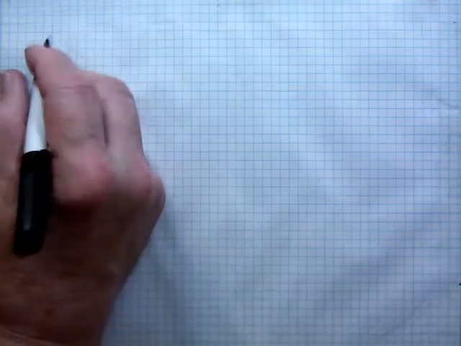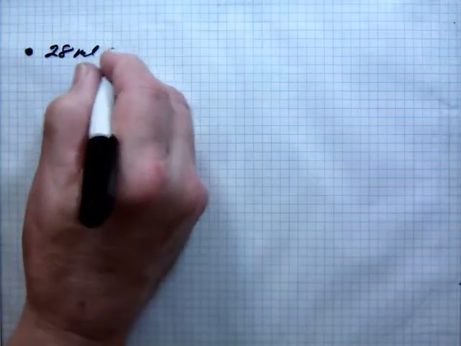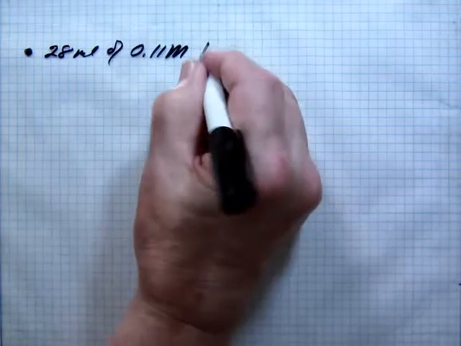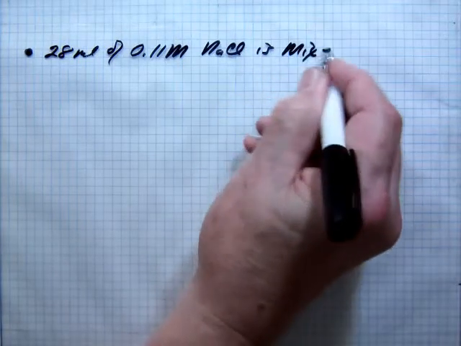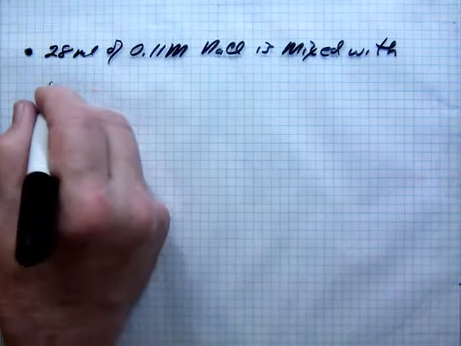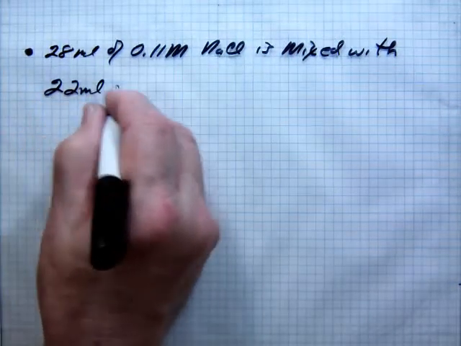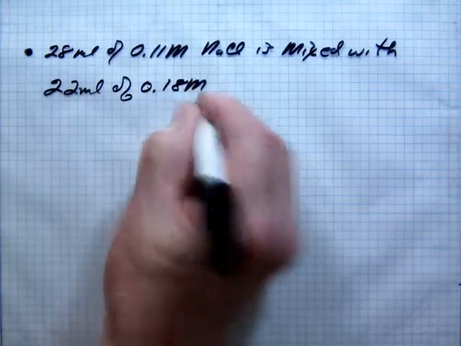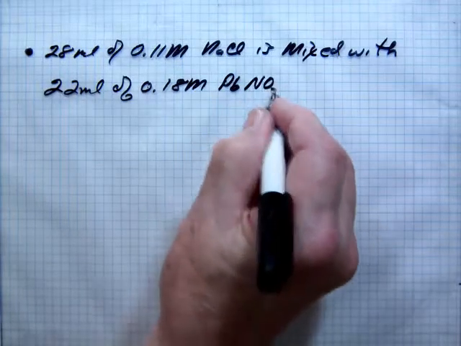Let's say we have 28 milliliters of 0.11 molar sodium chloride mixed with 22 milliliters of 0.18 molar lead nitrate.